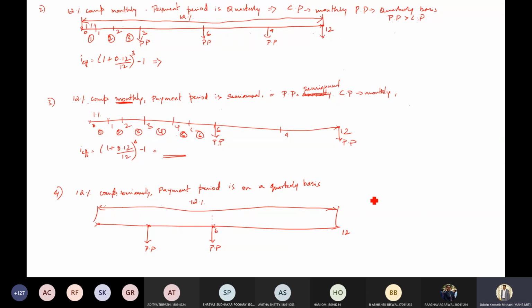Please write down what the compounding period is, what the payment period is, and whether the compounding period is greater than the payment period or the payment period is greater than the compounding period. Then you calculate that. There is a slight change in this particular case. I'll come back, so I request you to just solve it.